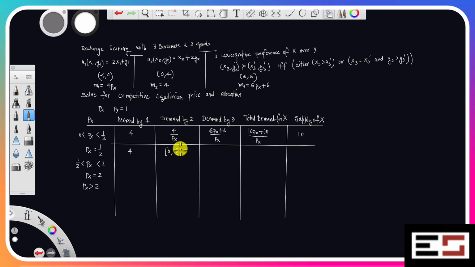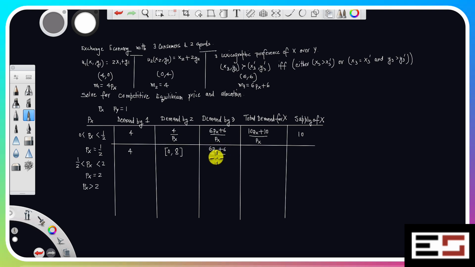So consumer 2 is indifferent between choosing any quantity of X from 0 to 8, and the remaining money will be spent automatically on Y. So consumer 2 can demand anything from 0 to 8 when price of X is half, and consumer 3 will continue to spend all his money on X.